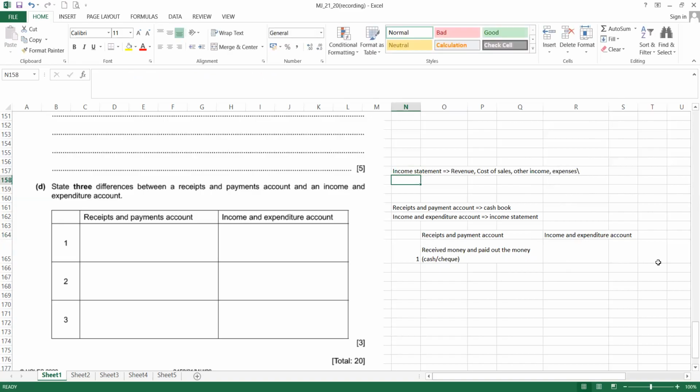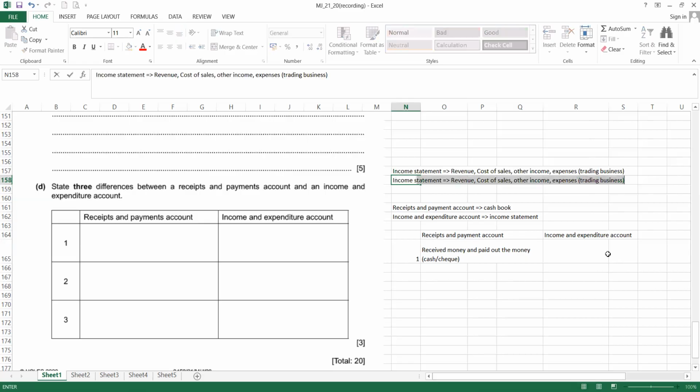Normally we have 4 sections because we assume most of the time the exam is a trading business. But in income and expenditure, you cannot talk about cost of sales because this is a service business.